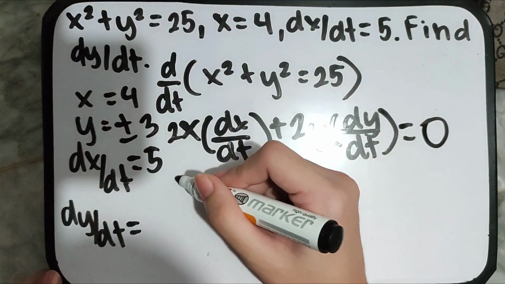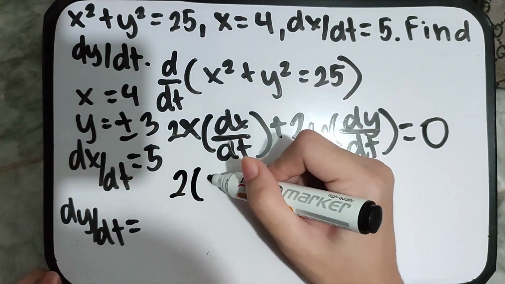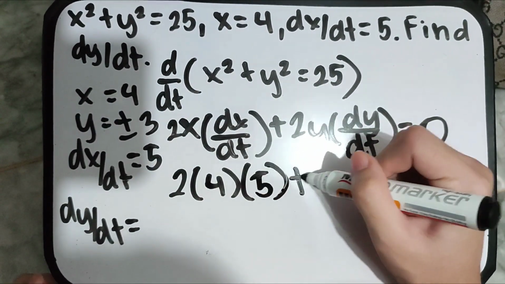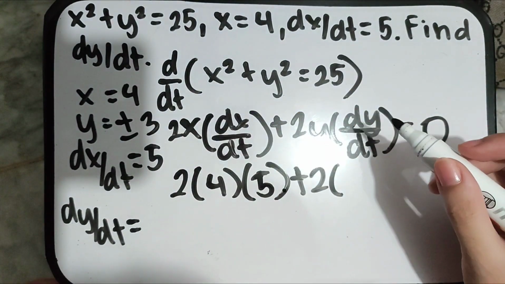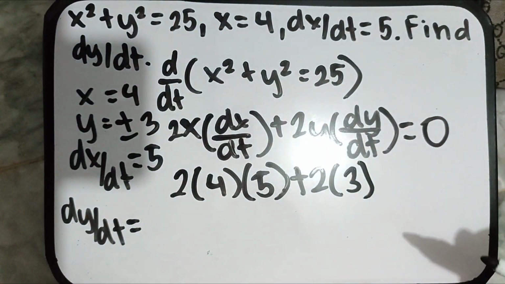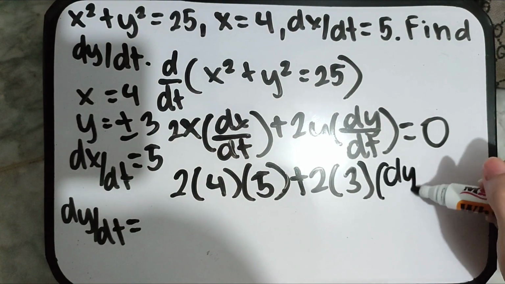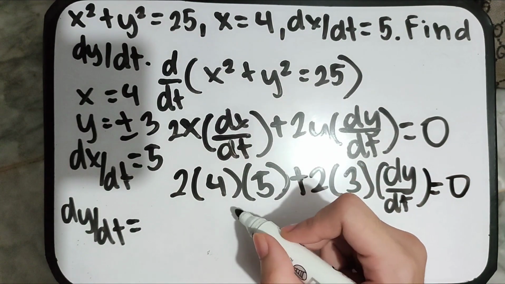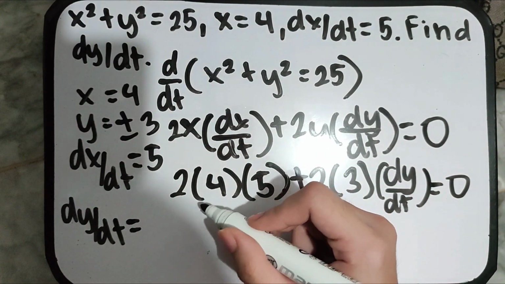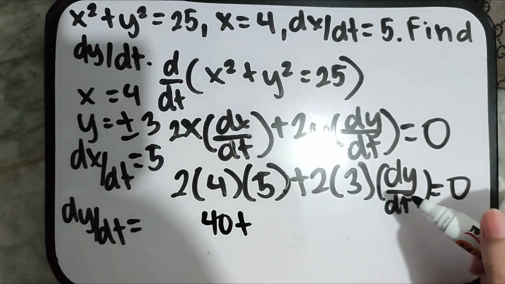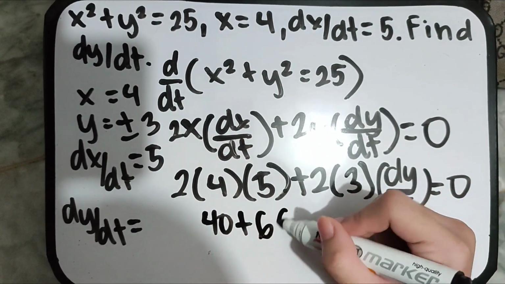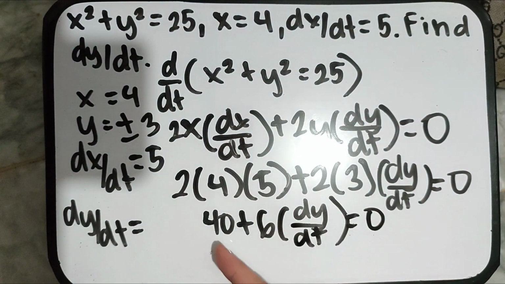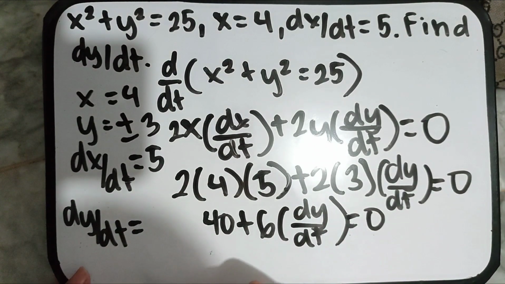So let's now substitute the values. 2x is 4, dx over dt is 5, plus 2, y is equal to 3 this time, and dy over dt is equal to 0. Then let's simplify. 5 times 4 is 20, times 2 is 40, plus 6 dy over dt. In order to find the dy over dt, we need to move the 40 to the opposite side.